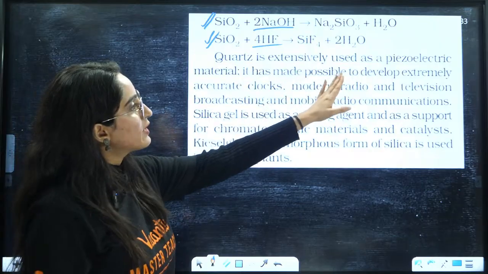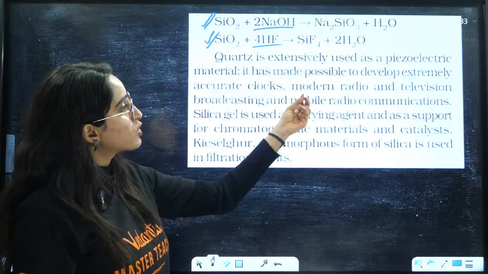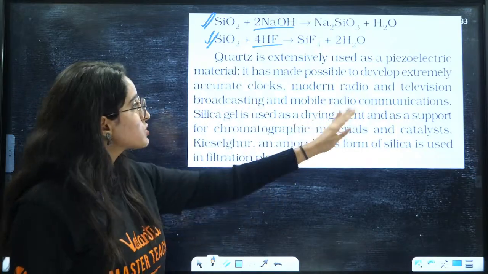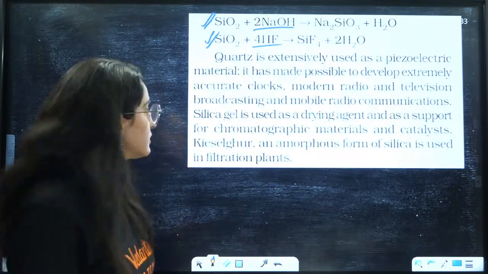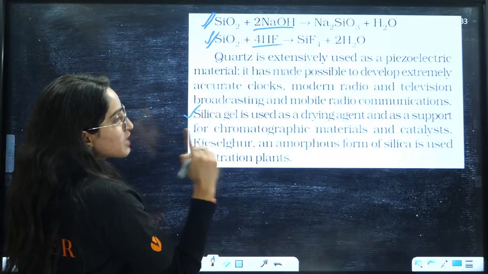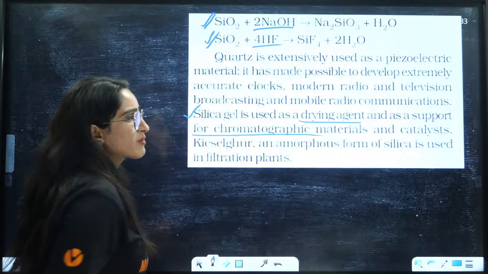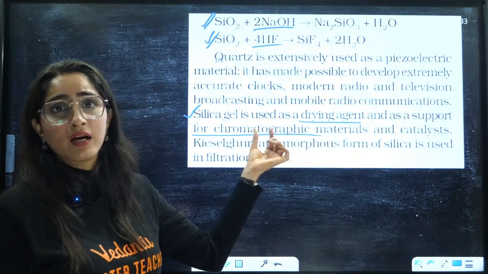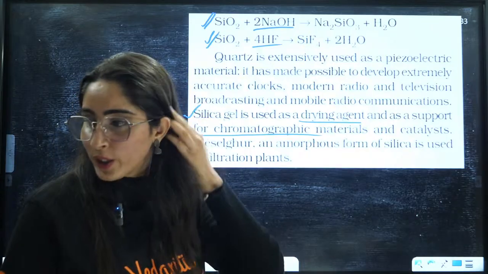Quartz is extensively used as a piezoelectric material. It has made it possible to develop extremely accurate clocks, modern radios, television broadcasting, and mobile radio communicators. Silica gel is used as a drying agent and as a support for chromatographic materials. In chromatography we have seen silica gel, in qualitative and quantitative analysis.